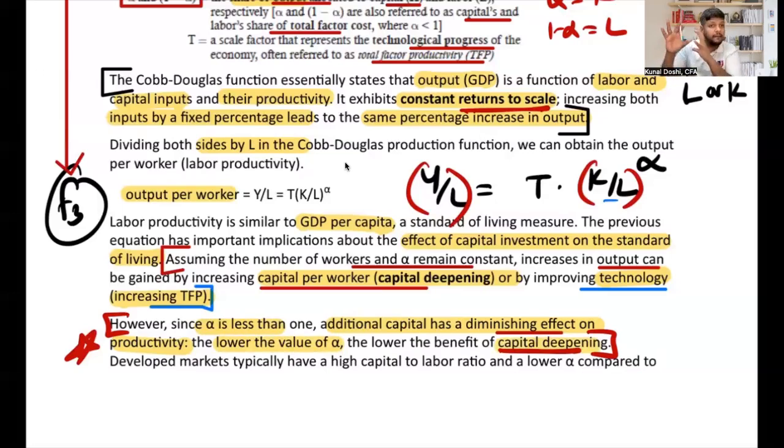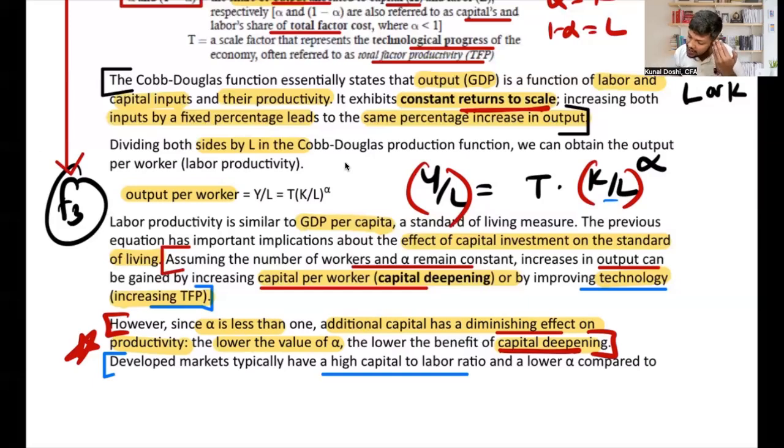But this is for less developed countries. Developed markets typically have a high capital to labor ratio. So developed economies like Germany and Western economies already have high capital per labor. So just by putting more and more capital, even they will not get a high GDP growth rate, because they are already exhausted.